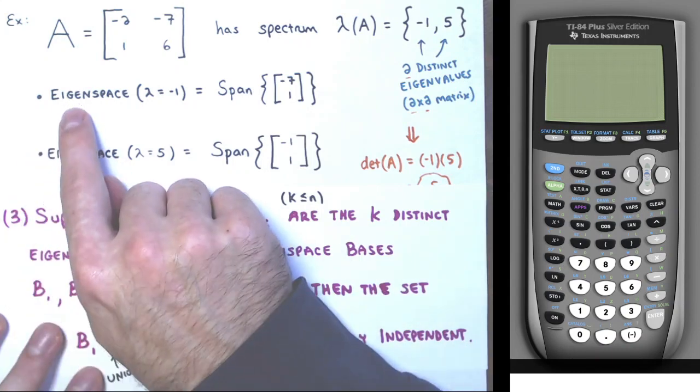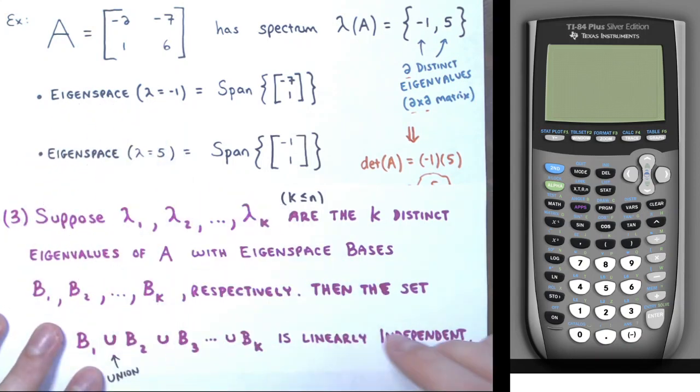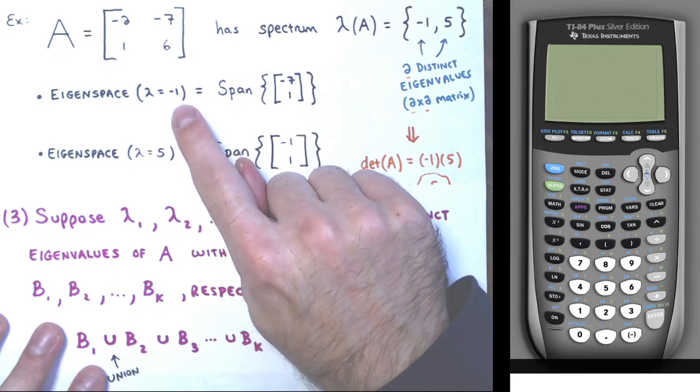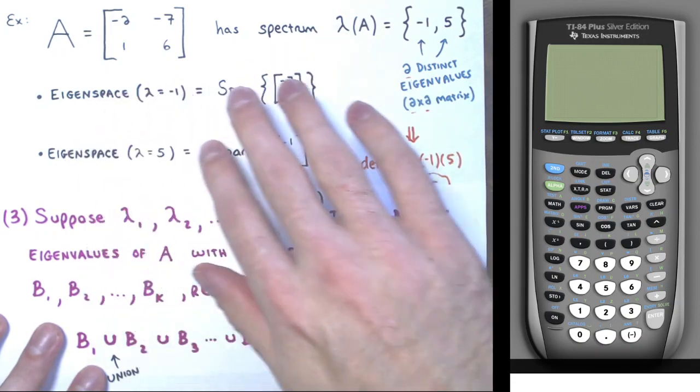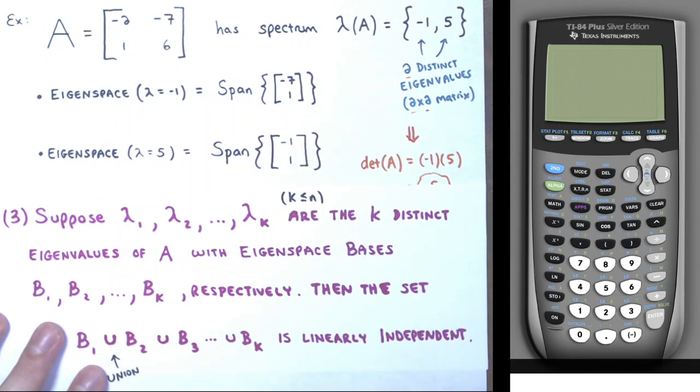Remember the eigenspace of an eigenvalue. It's all the eigenvectors along with the 0 vector, right? And again, I've done this before on a previous video. You can verify this for yourself if you wish. I'm not going into this. You should know how to do this by now.